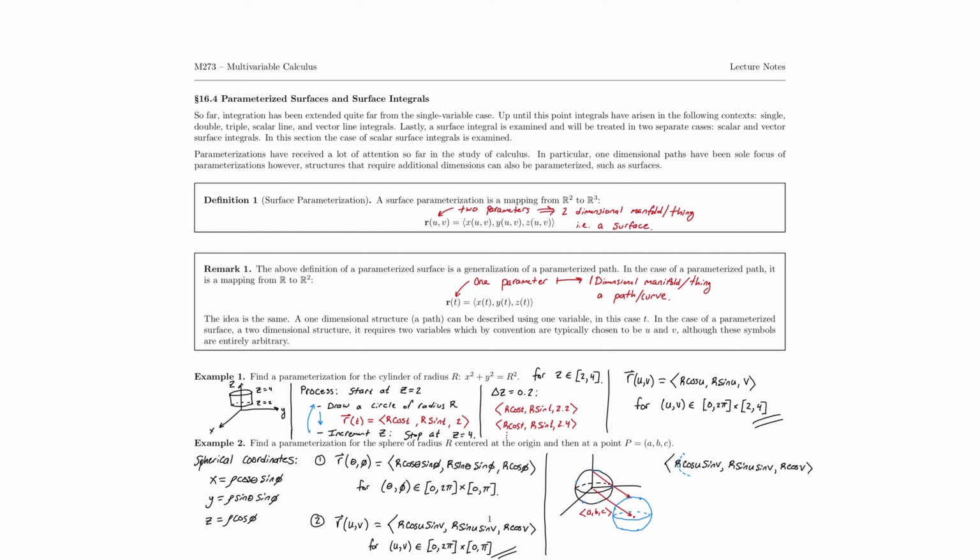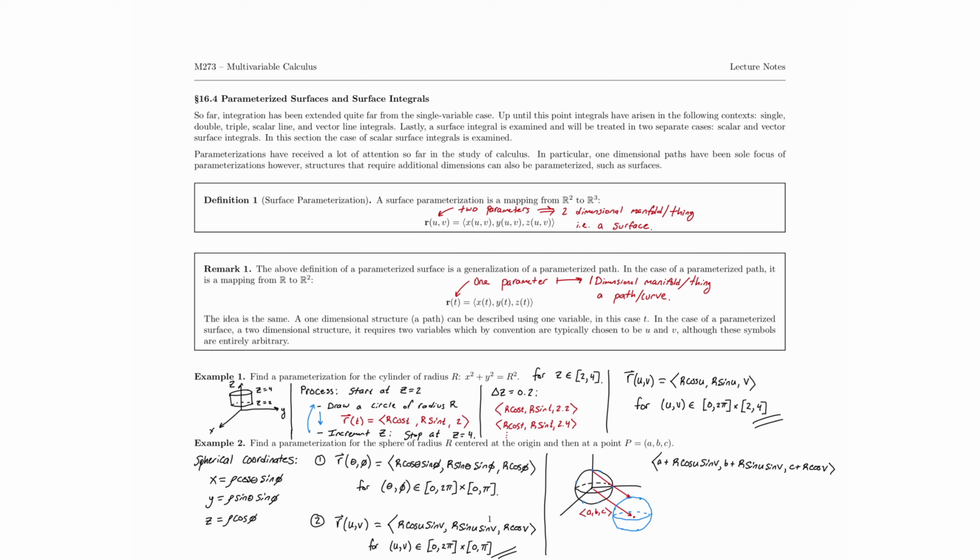So instead of just r cosine theta sine phi, we'll have A plus that, B plus that, and lastly, C plus that.